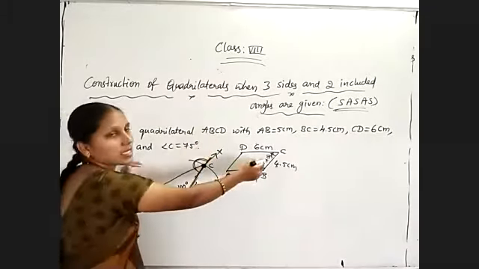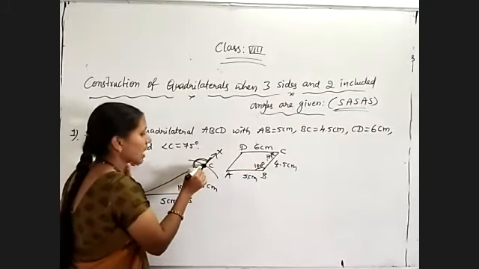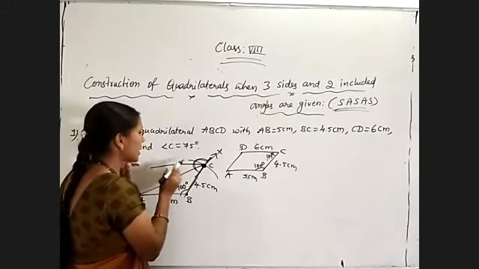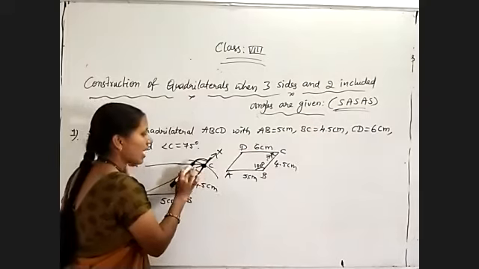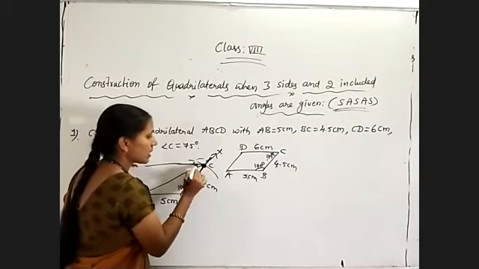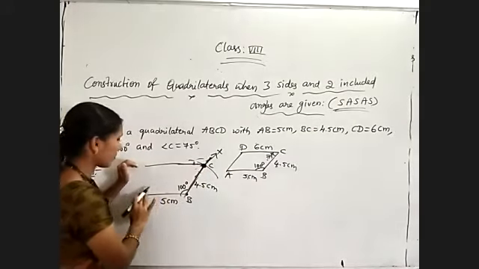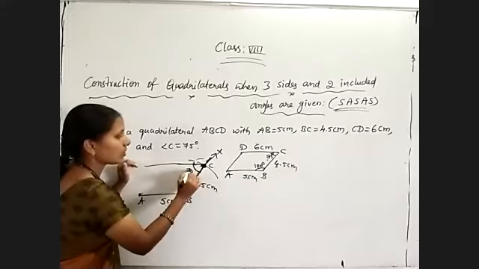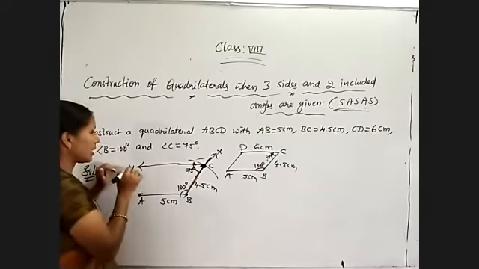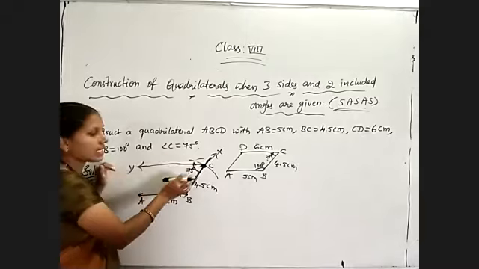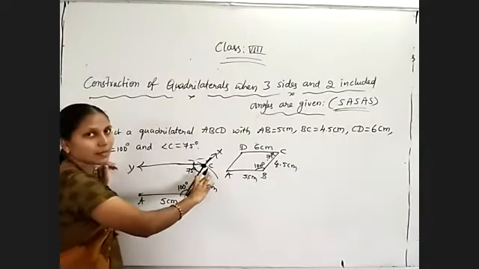How many degrees? 75 degrees. 75 is an acute angle. So like this, less than 90 degrees I will get, not more than 90. So angle C is equal to 75 degrees. This is ray CY making the angle 75 degrees with the line segment BC.